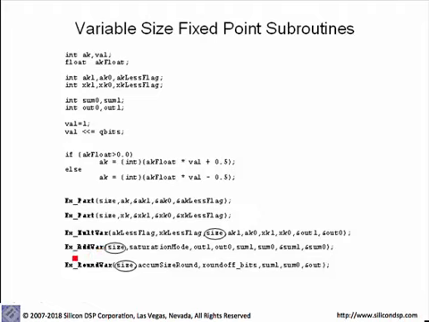Here we have the routine fx add variable, which does the accumulation, and we have the round off routine, which rounds off the result of the accumulation to the specified final word length. And notice that within all these routines we have the parameter called size, which is the word length of the original registers that are input to the multiplier, and that has to also be passed through the accumulator and also to the final round off routine.